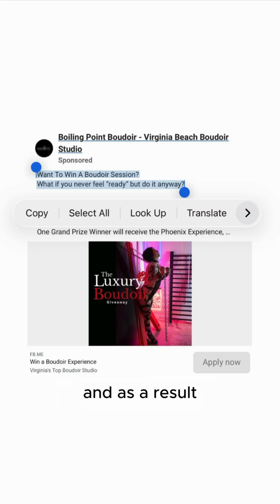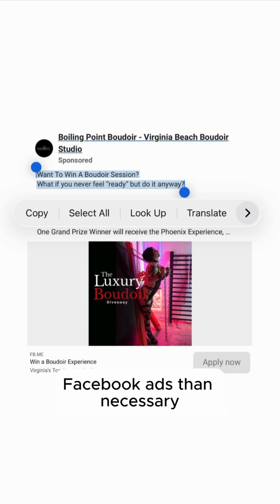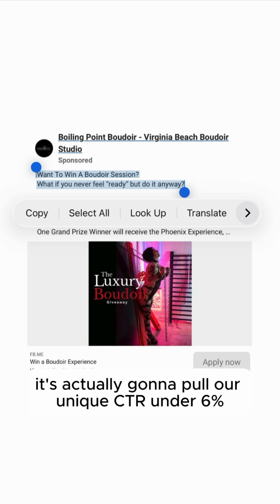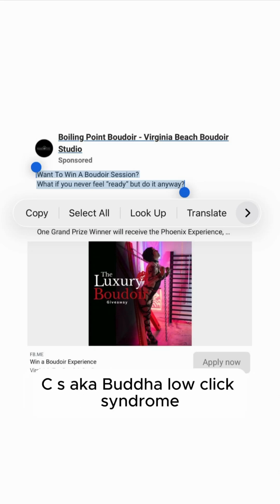As a result, we're going to have way, way, way more women scrolling by our Boudoir Facebook ads than necessary. It's going to pull our unique CTR all under 6% and increase the probability that we have BLCS, aka Boudoir low click syndrome.